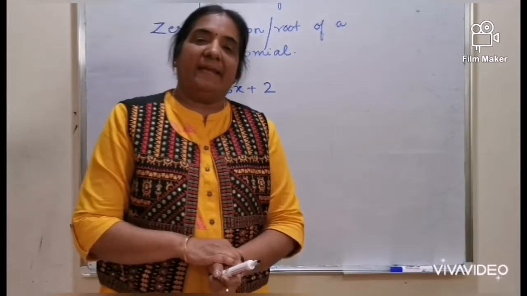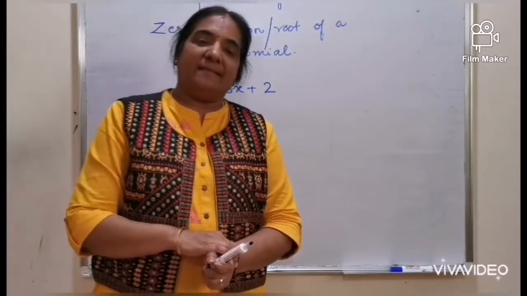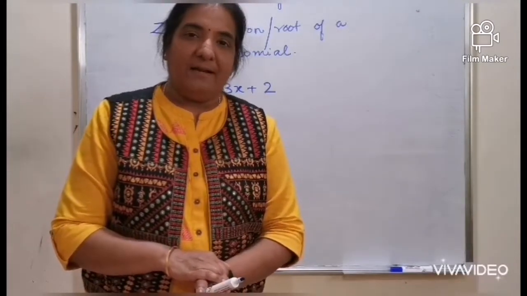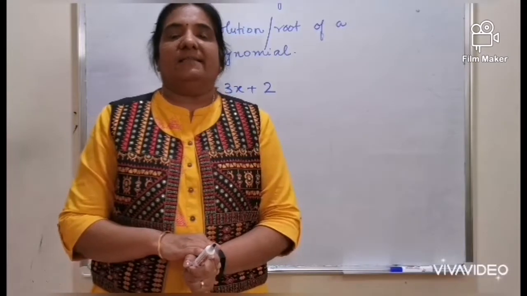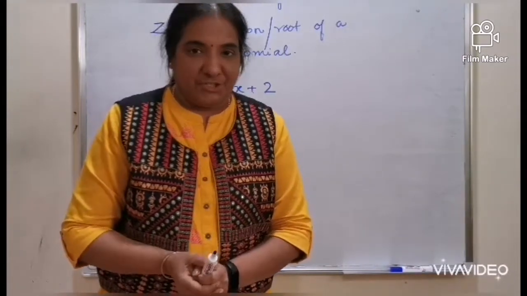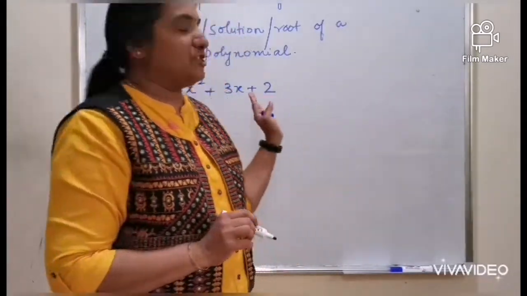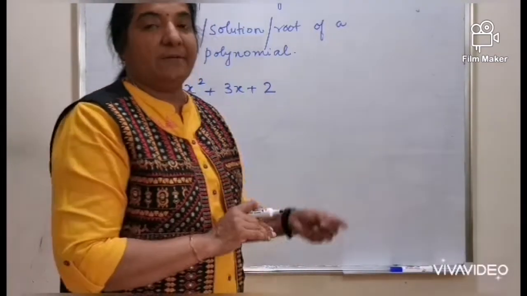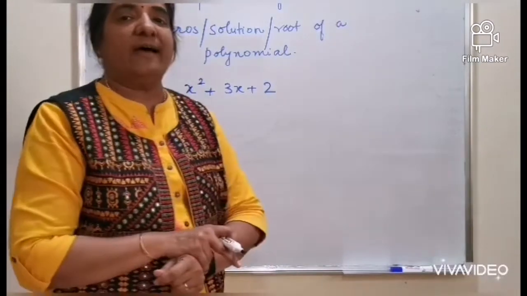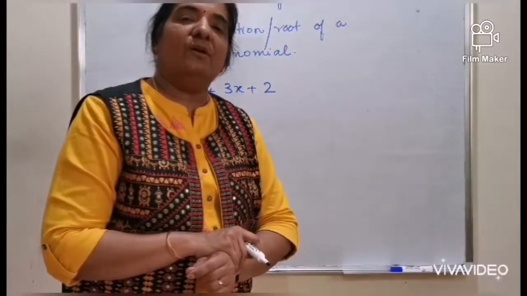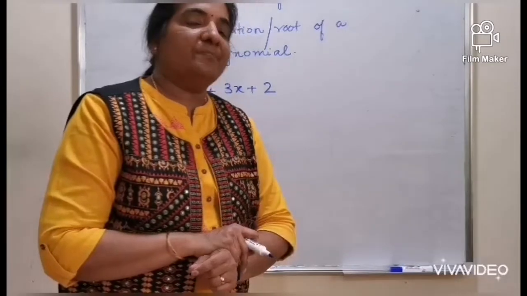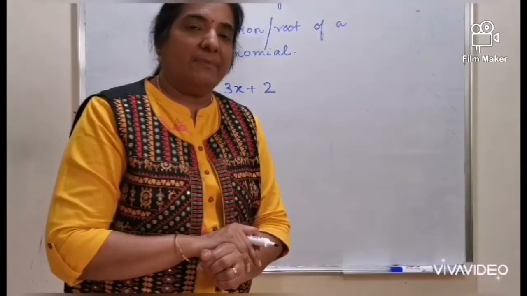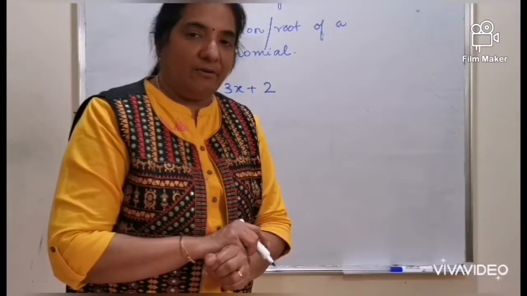For explaining the method for finding the zeros of a quadratic polynomial, you need to revise the topic of factorization. This factorization involves splitting of the middle term. Let me explain this. Later on, I will explain the general rule for this method of getting the factors or the zeros for a quadratic polynomial by splitting the middle term.